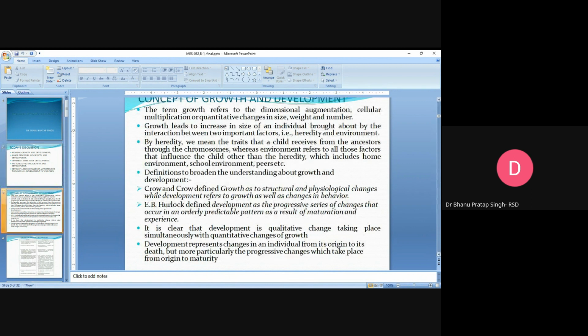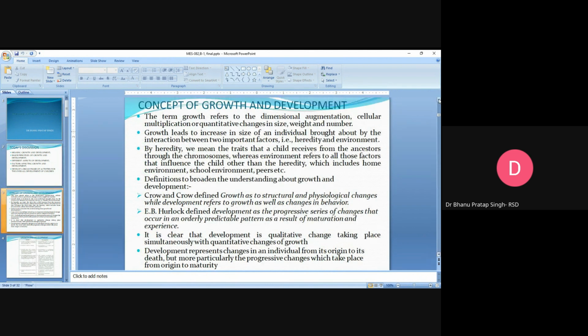first of all, we are trying to understand what is growth and what is development. The term growth refers to the dimensional augmentation, cellular multiplication, or quantitative change in size, weight, and numbers.